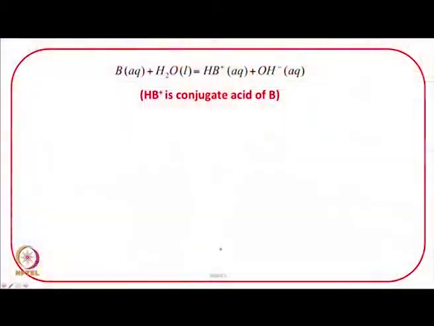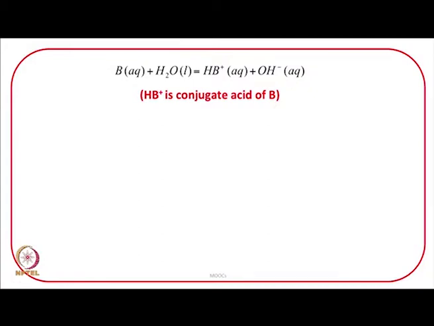Let us discuss further how it gives information, but before that, now let us consider a base. A base, when dissolved in water, will accept a proton from water and will form hydroxide ion.